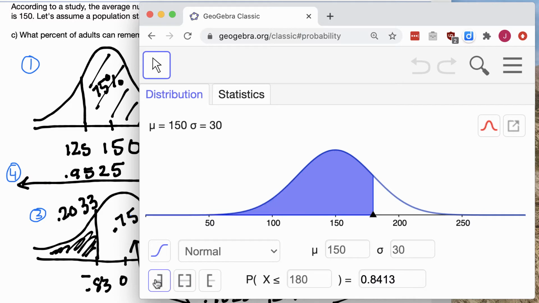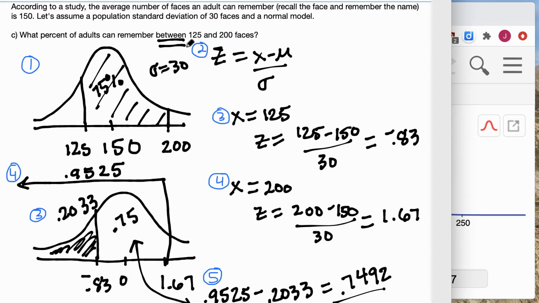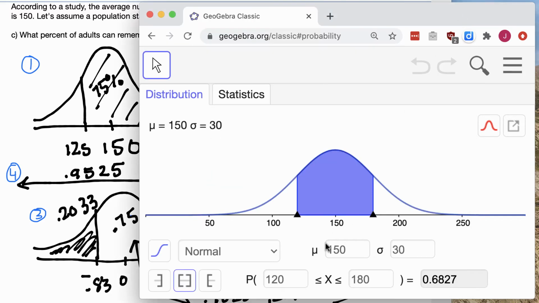If we click the left side, we'll be finding percentages to the left of some cutoff, or we have a between option where we have two cutoffs and the area between is found, or you can find the right cutoff. We're going to choose the between option and then put in our two cutoffs, which were 125 and 200.